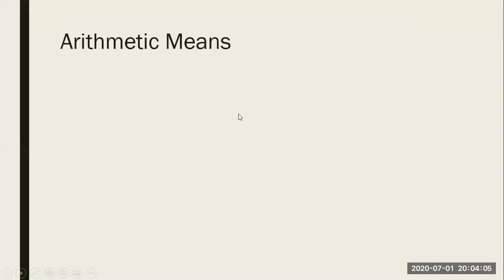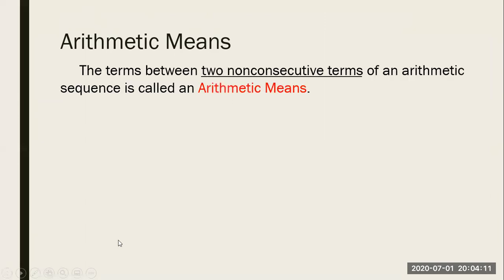Okay, arithmetic means. The terms between two consecutive terms of an arithmetic sequence are called arithmetic means, meaning meron tayong hindi magkakasunod na number, tapos mag-insert tayo ng number sa gitna nila na dapat ay arithmetic sequence.